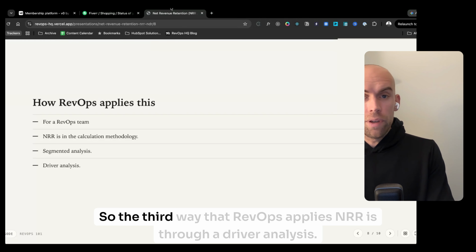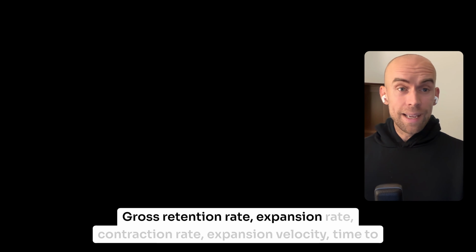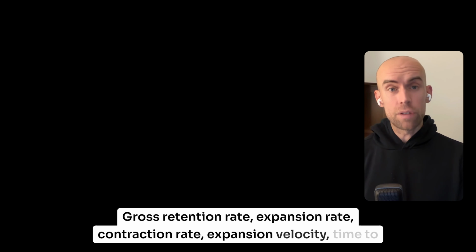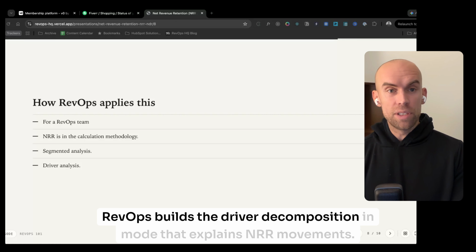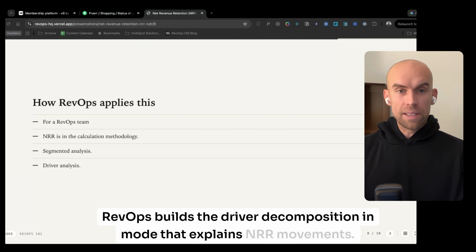So the third way that RevOps applies NRR is through a driver analysis. NRR, again, as we've been emphasizing, is an aggregate output, and the actionable work is really on the underlying drivers: gross retention rate, expansion rate, contraction rate, expansion velocity, time to expansion. RevOps builds the driver decomposition in Mode that explains NRR movements.